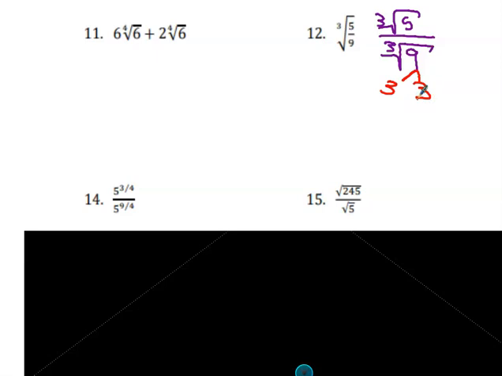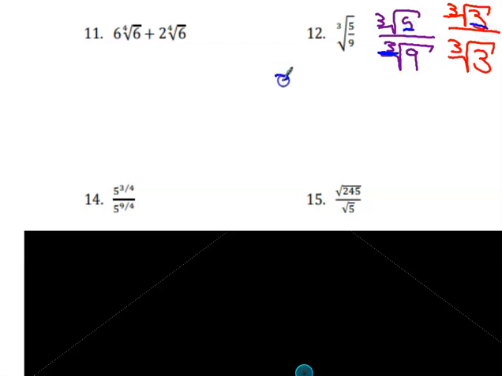So I need another 3 in order for me to be able to get rid of the radical in the denominator. Okay, I want to get rid of the radical. So if I times everything by 3, if I times it by 9, I still won't get rid of it. Okay, again, I need 3 of something in order to get rid of a cube root.